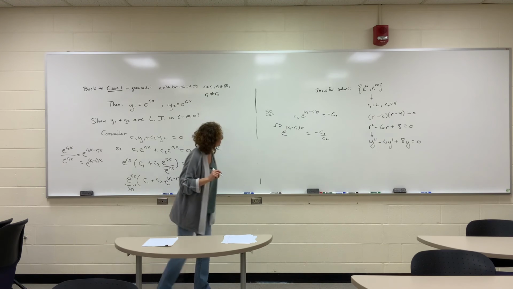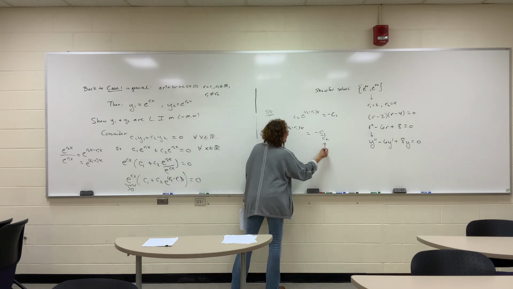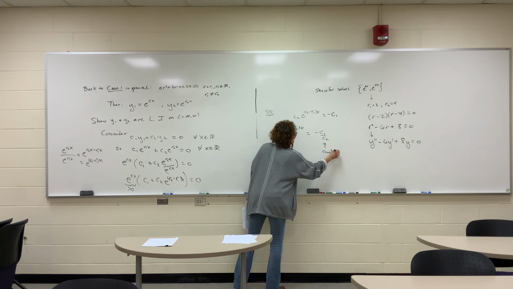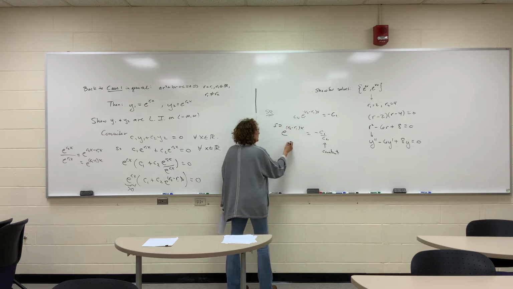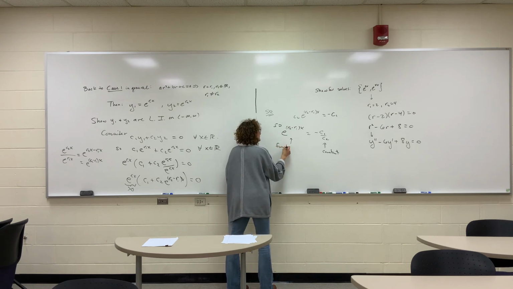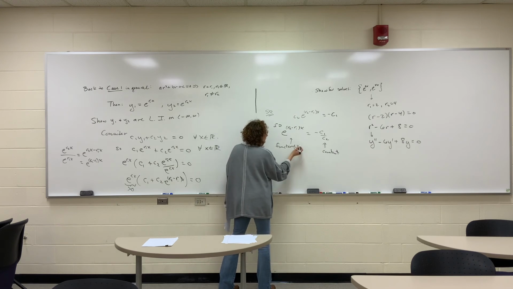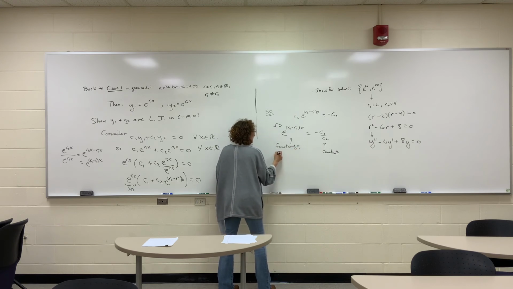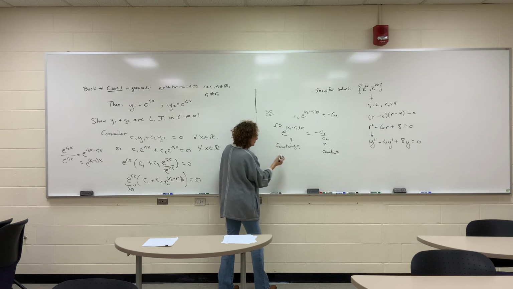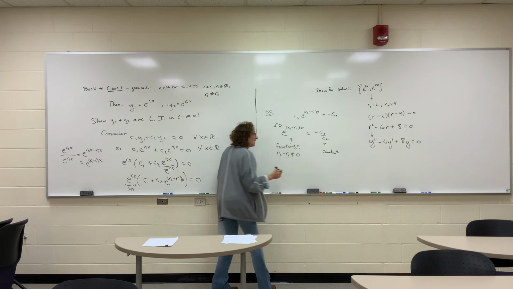Yeah. So now I've got this. What do I have over here? A constant. What do I have over here? I've got a function of x, right? And that function of x is not equal to a constant, since r2 minus r1 is not 0.